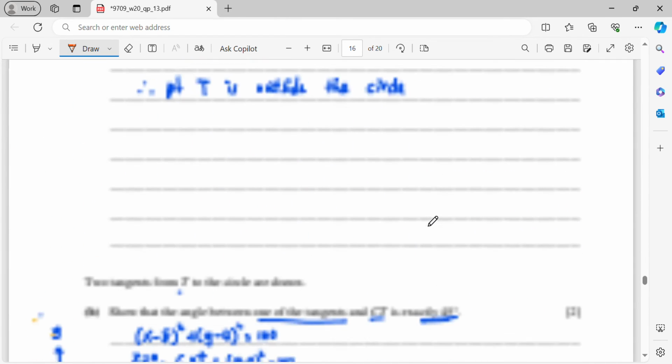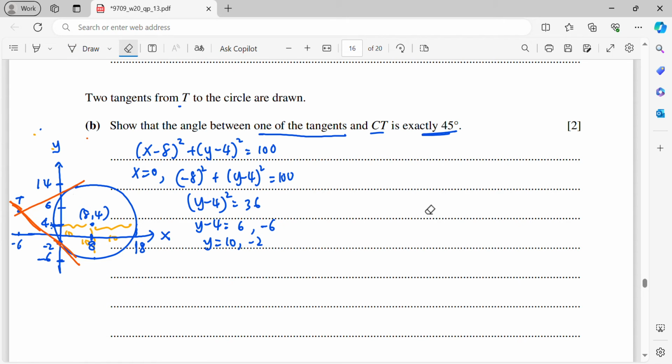C is the center, so here is the center. Now you need to show that the angle between one of the tangents and CT is exactly 45 degrees. Since these two orange lines are tangents, when I draw the radius to the center, here should be 90 degrees. That's the meaning of tangent.